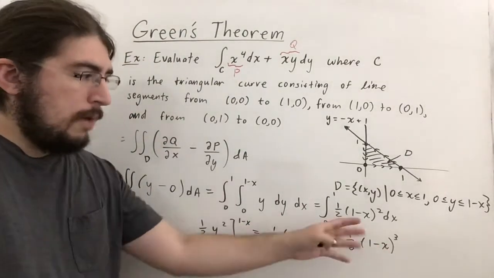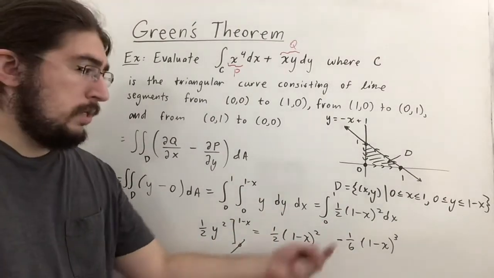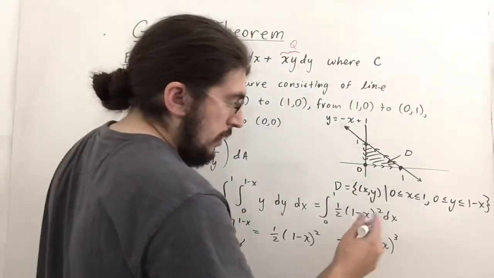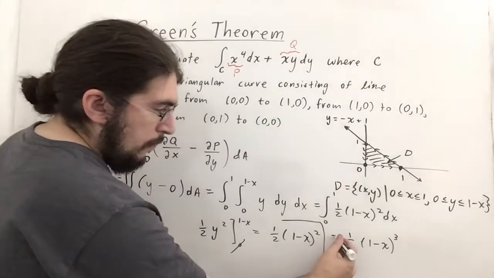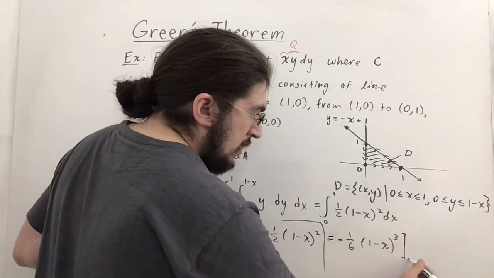And if you have trouble doing that, really what I'm describing is a u substitution, letting the inside be u. So if you want to do it that way, you can, but I'm just doing it kind of quick like this. And that's not to be confused with this, that's from above. Okay, and now we're evaluating this between 0 and 1.